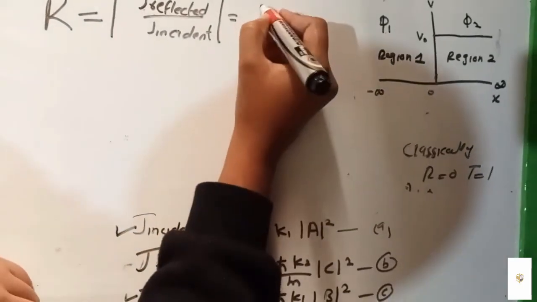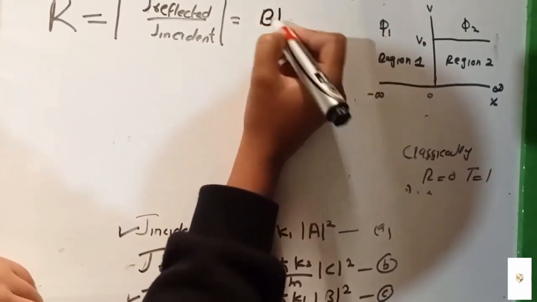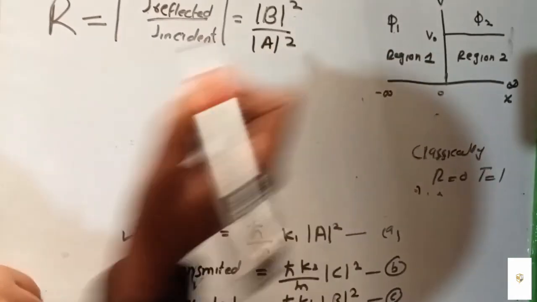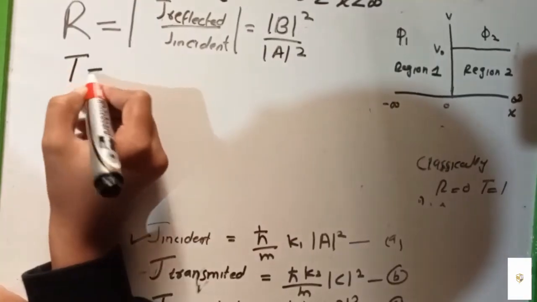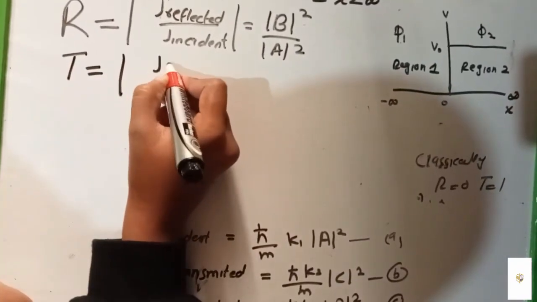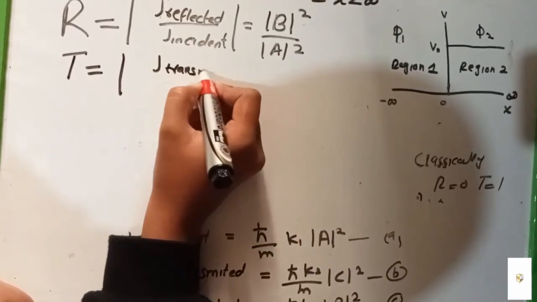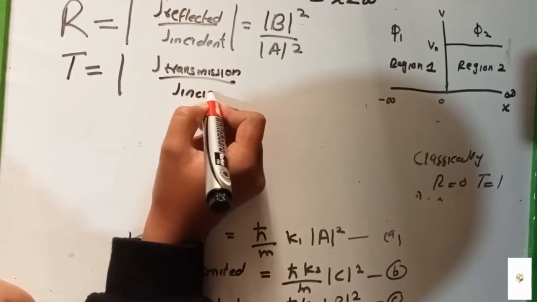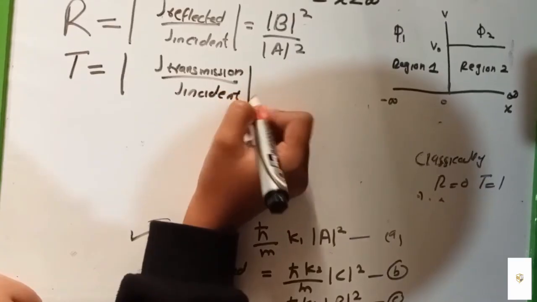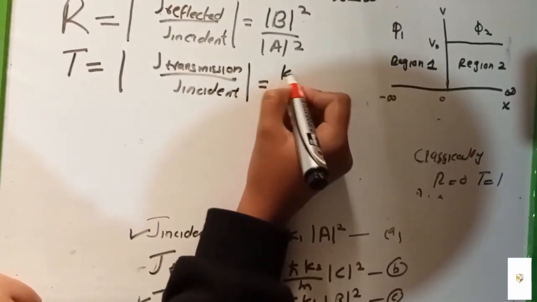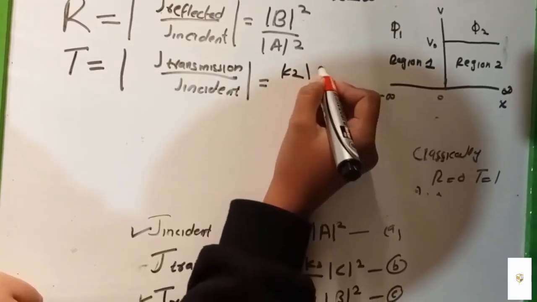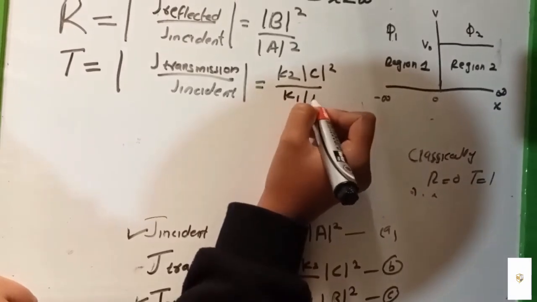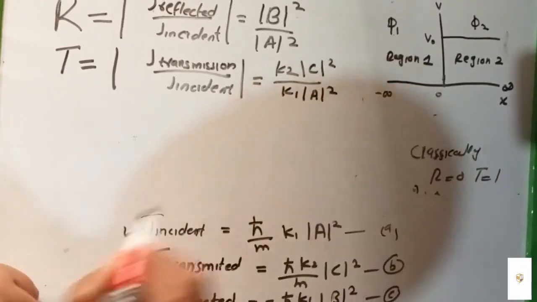So it is equal to modulus of B square over modulus of A square, and transmission coefficient is equal to J transmission over J incident modulus, which is equal to k2 modulus C square over k1 modulus of A square.